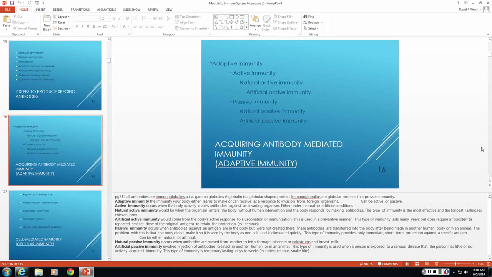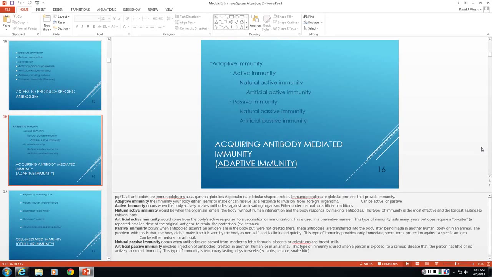So, like your tetanus shot, it only lasts a certain amount of time, then you have to be re-immunized or have a booster of your tetanus shot. Okay. Passive immunity basically occurs when the antibodies against the antigen are in the body but are not created there.